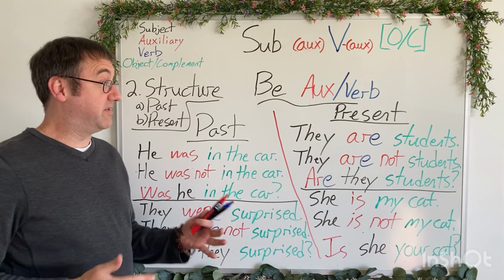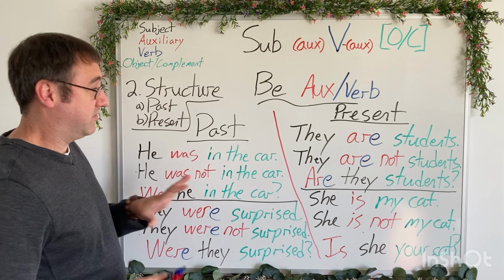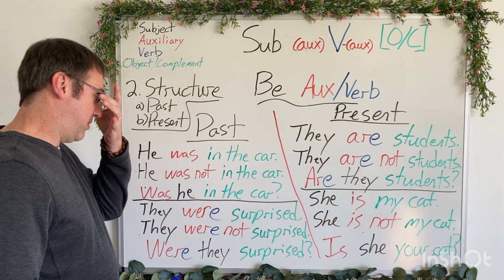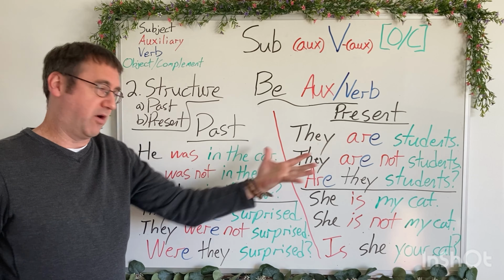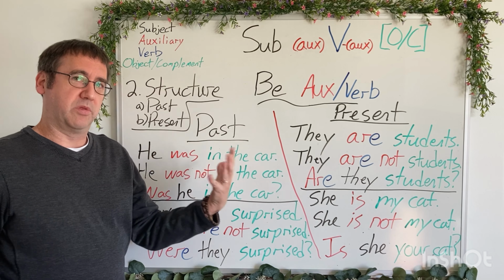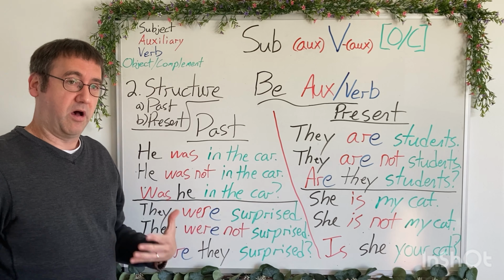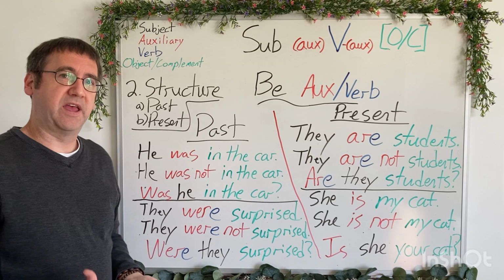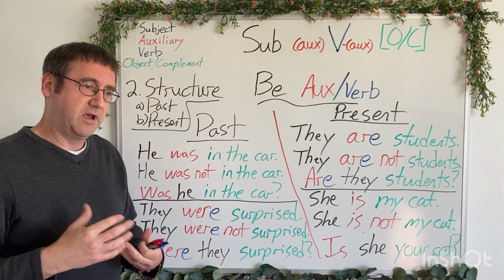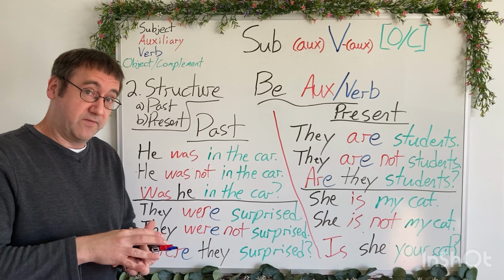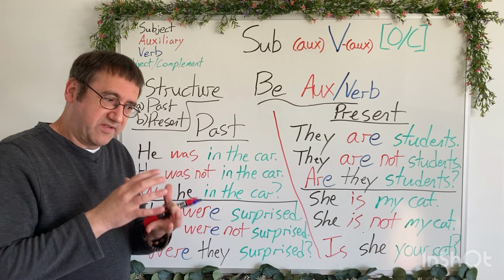Okay, so in this part, we are going to look more closely at the past and the present be auxiliary verb and how it works in this system so that you can understand it a little better. Okay, so remember what we talked about in the last part is that be auxiliary verb are the same thing.